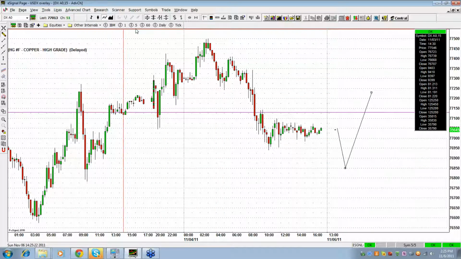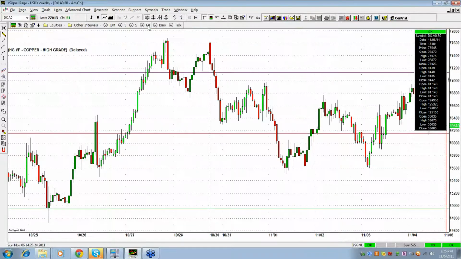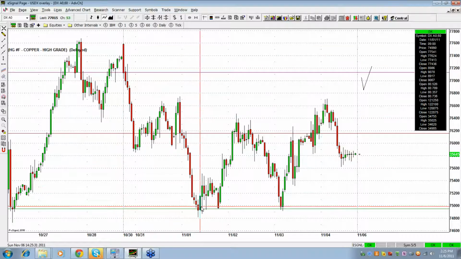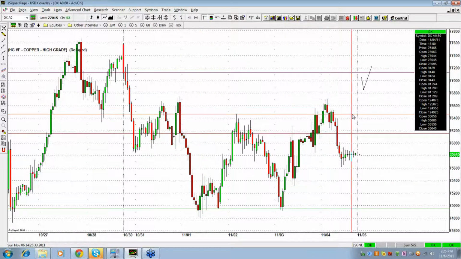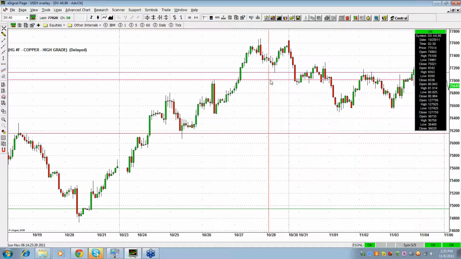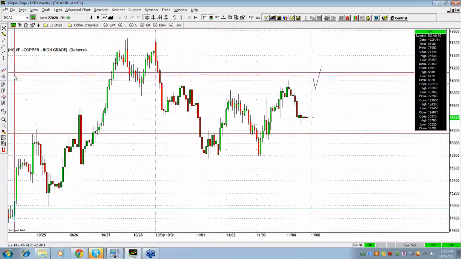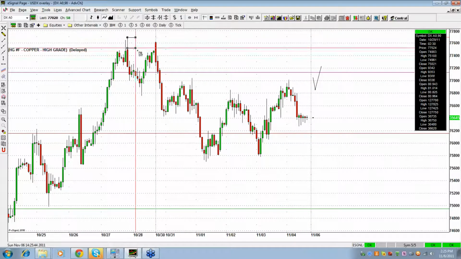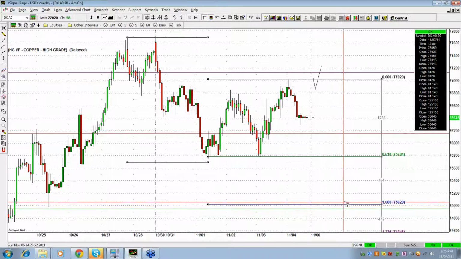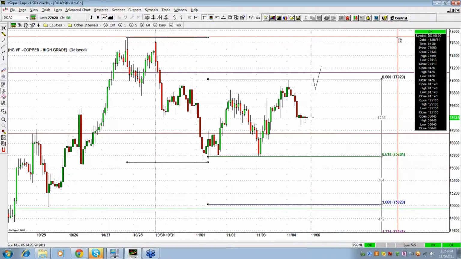But most important is this, that copper, after doing a 1, 2, 3, 4, 5, 1, 2, 3, copper should trade lower at least in one more leg down to around this area before going higher.